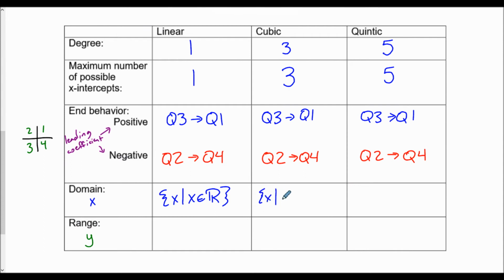So they have the exact same domain as a linear. I like set and interval notation. There are more concise ways of doing it. This just helps deal with a lot of overlying concepts that we do in mathematics.